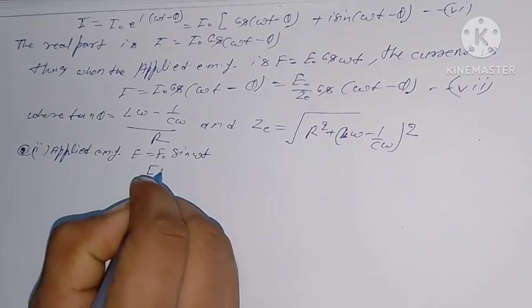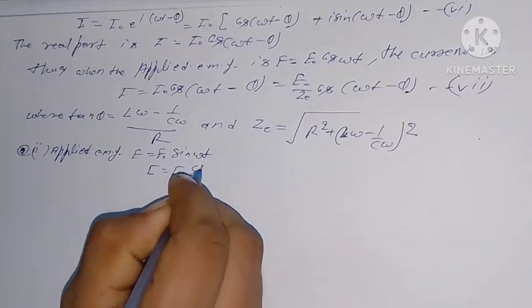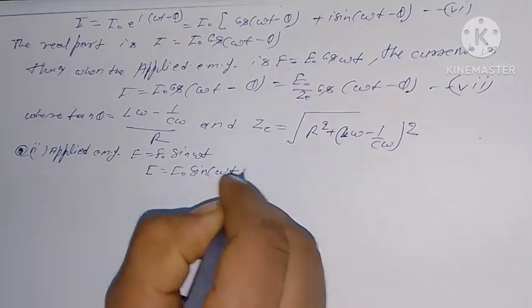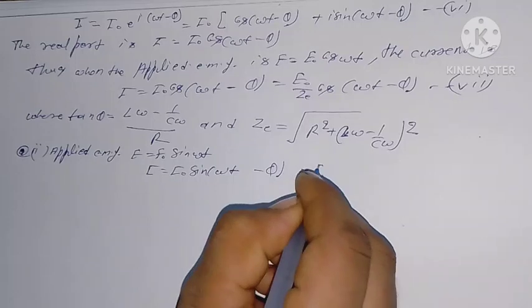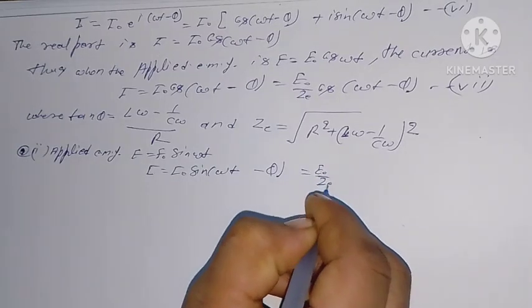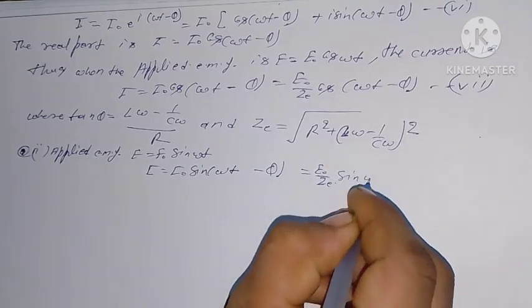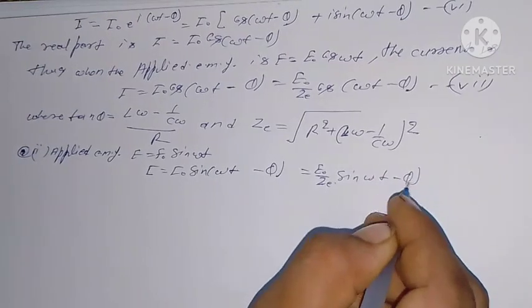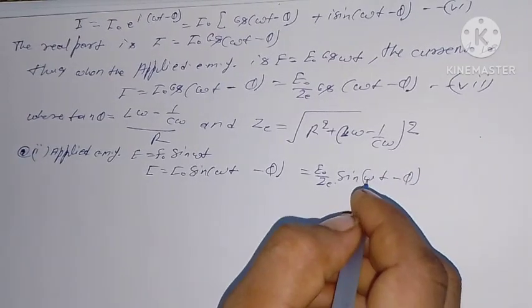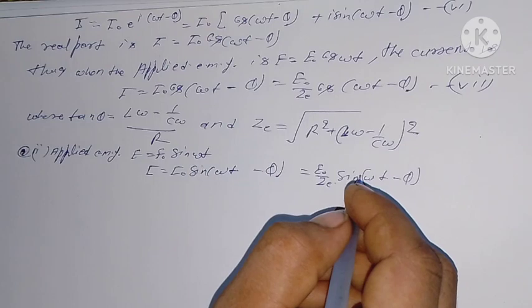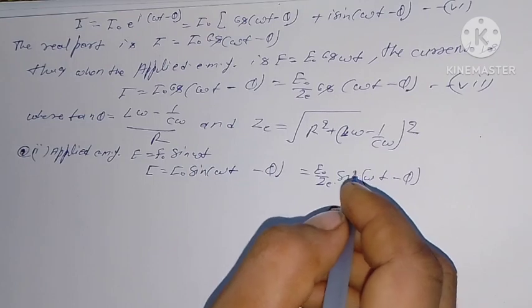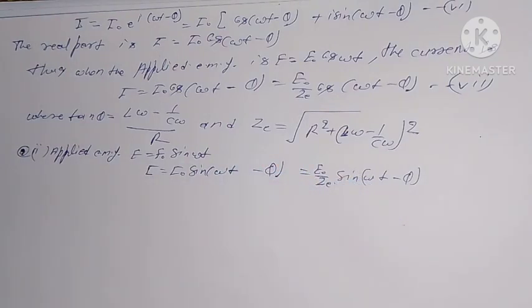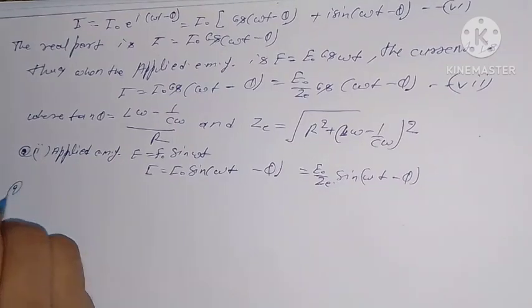Then I equal to I naught sin(omega t minus phi) equal to E naught upon Z sin(omega t minus phi). Values of Z and phi are given in part first above.